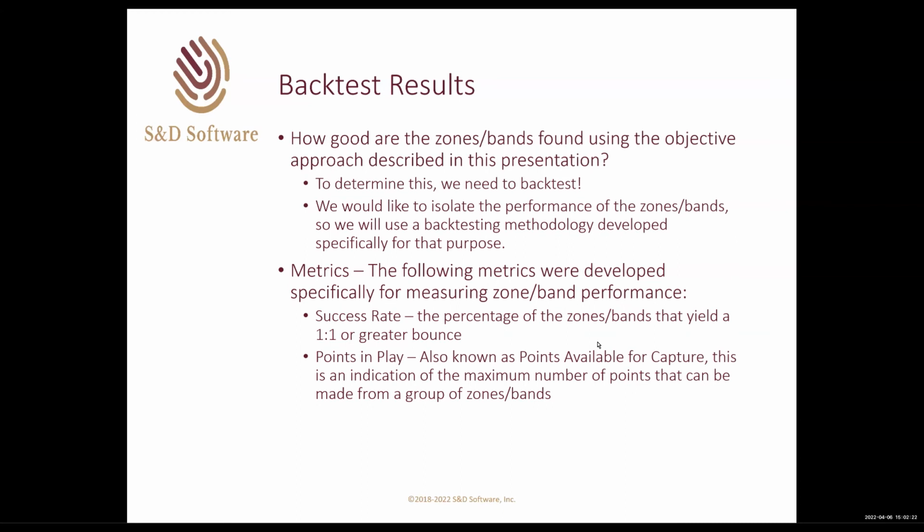And then we're going to subtract out the width of each failing zone. What we're left with is an indication of how many points you could, in theory, be able to capture if you were the perfect trader. And this assumes you're trading one contract if it's futures, one share if it's stocks. But it's indicative of what is theoretically possible.